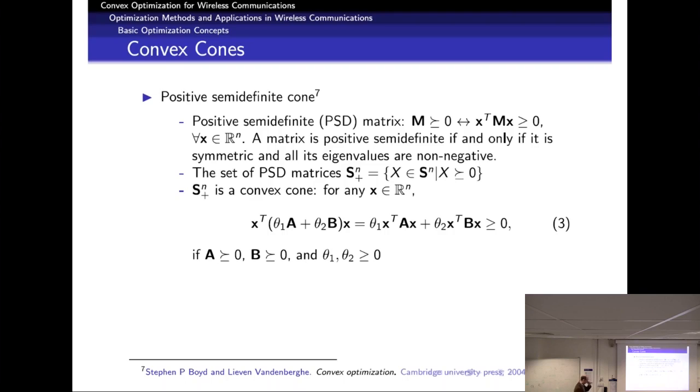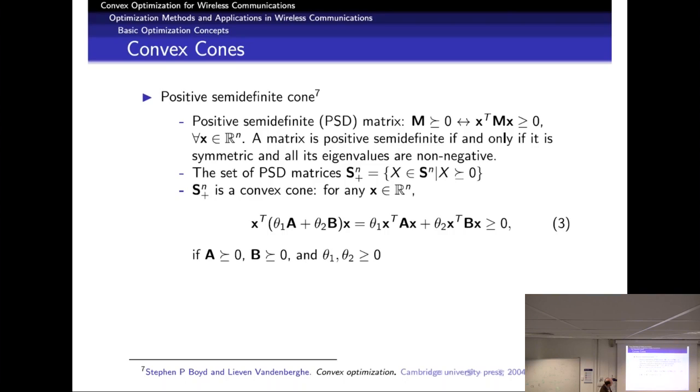So what that means is that the matrix M is positive semi-definite, and we either write PSD or we write it with this curly notation. A matrix is PSD if you take any vector x here, we operate in the real field, of dimension n, such that x transpose multiplied by M multiplied by x is larger than or equal to 0. This is a scalar quantity.